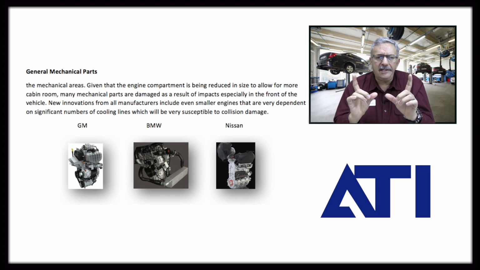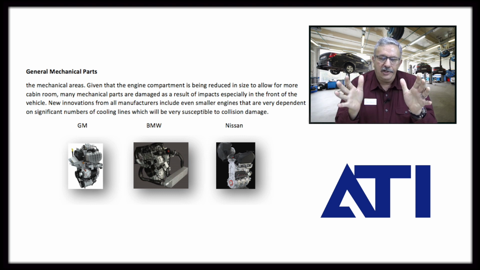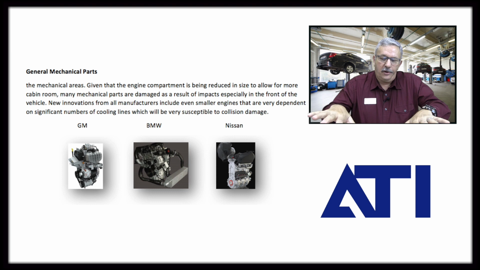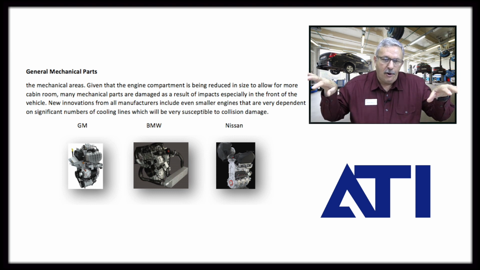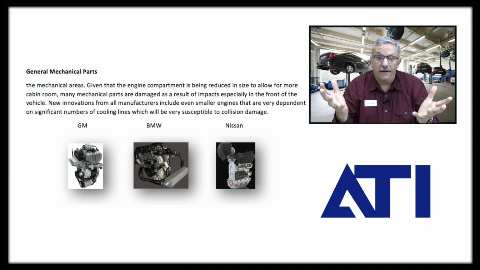The thing that's important for you here is, and this is one of the things that as we talk with the insurers, they're not clear on this, and we're trying to get it crystal clear for them. This may require us to actually do motor teardowns in order to be able to see the structural components in the vehicle. The engine box is getting so small, that area is so compact, that we have to remove engine shields, we may have to remove peripheral parts that bolt to the motor just so we can see things like the frame rails, because they're all covered.